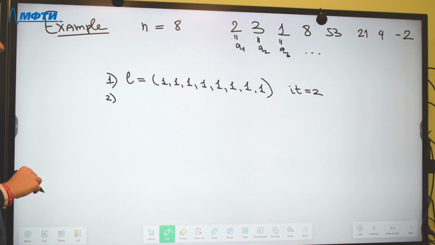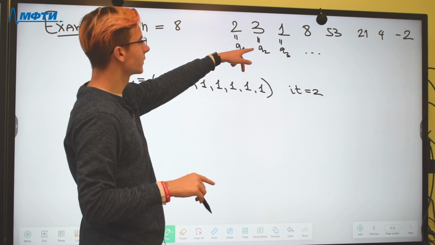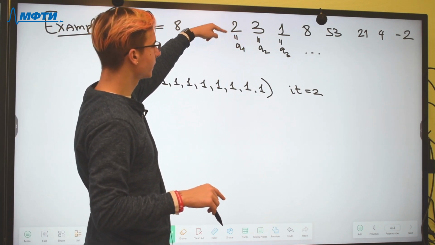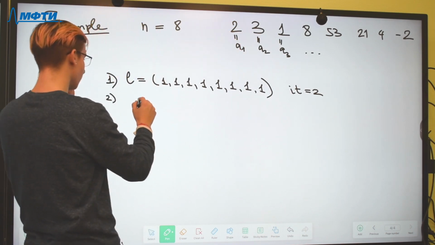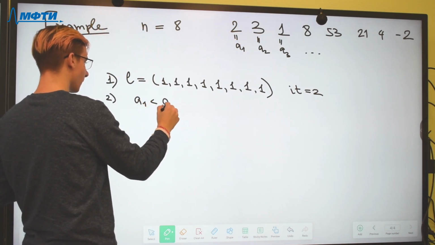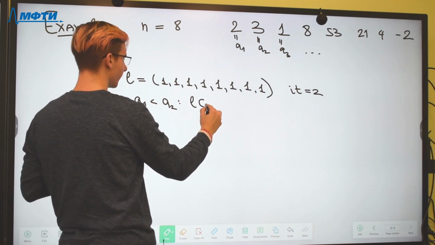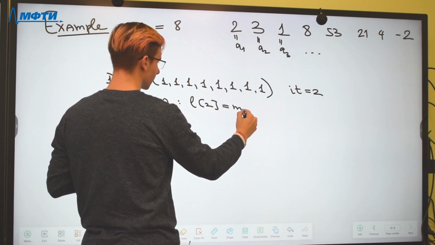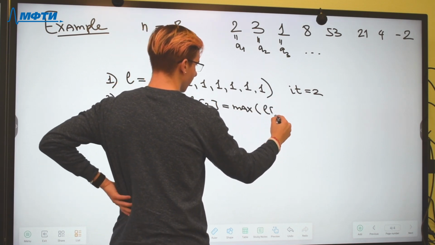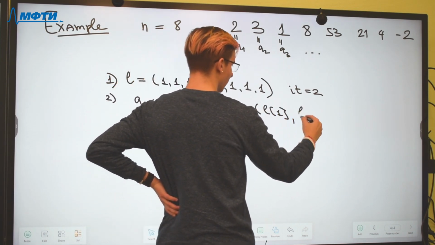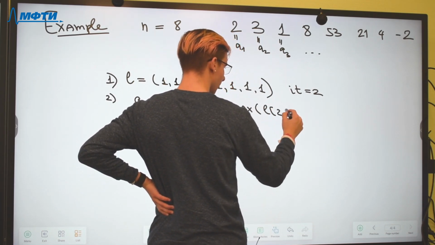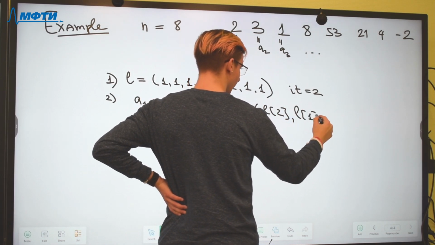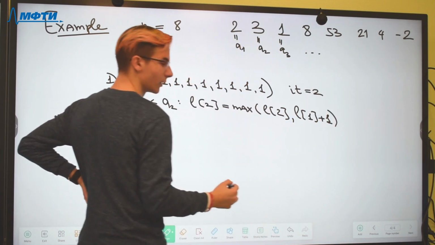Then we repeat the second step. For a2 we find that a1 is less than a2. So L of 2 is equal to the maximum of L1, L2, L1 plus 1.